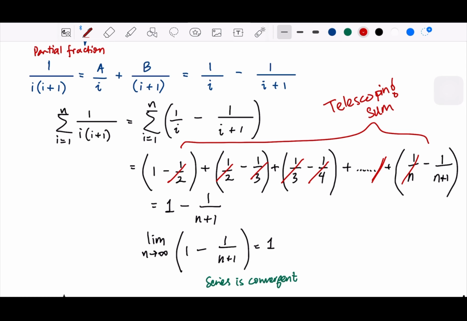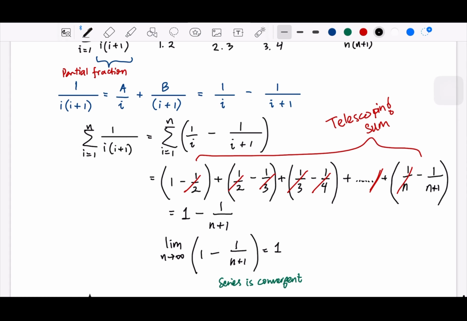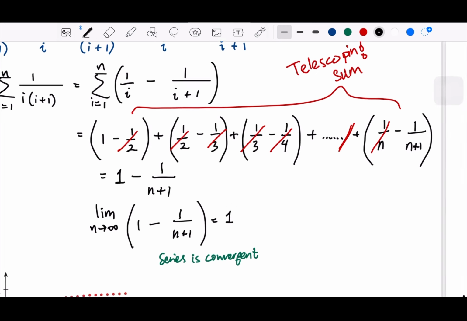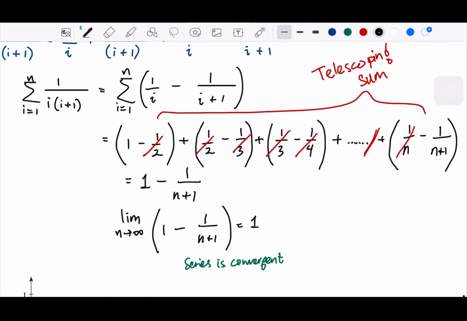Okay, but the interesting fact on this series: we know from the telescoping sum the series will be converged. But if we would like to know the sequence itself, let's say we want to take the limit of this, this is going to be 0, right?